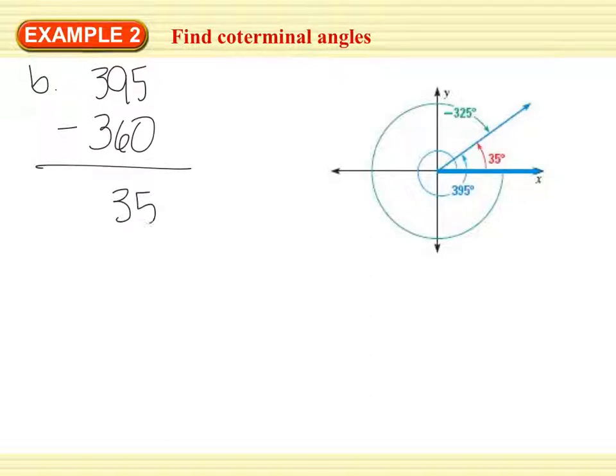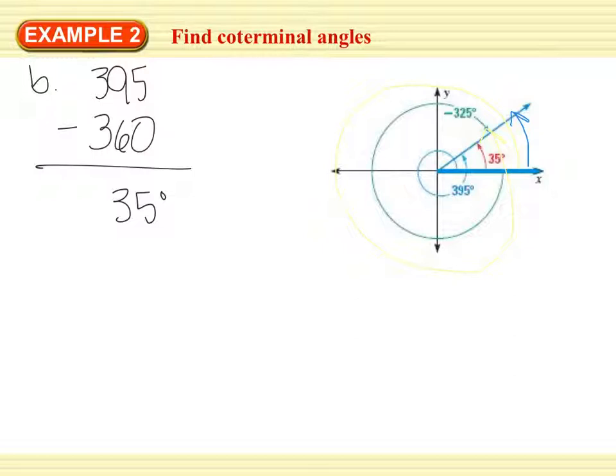And I get 35 degrees. So 395 and 35 are coterminal. So let's follow along. 395, if I start here, and I go all the way around, that's 395. And if I subtract 360, I get 35. So yellow and blue are coterminal.